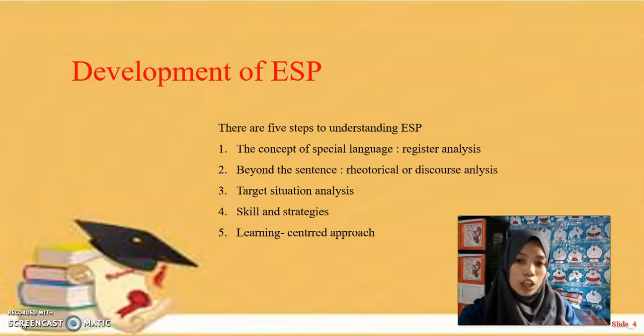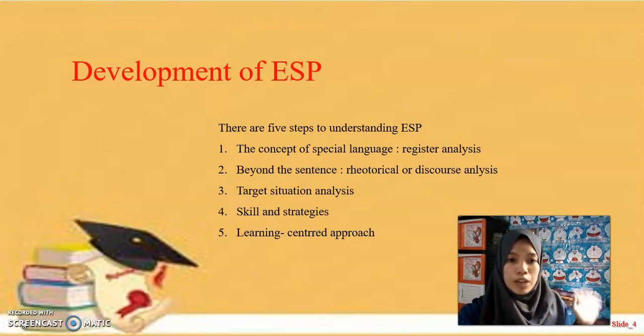And the fourth is skills and strategies. It means in learning ESP, students must have skill or ability and strategy, because students must master skills in vocabulary, grammar, and reading.